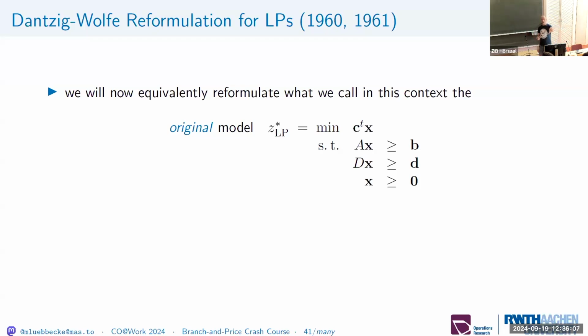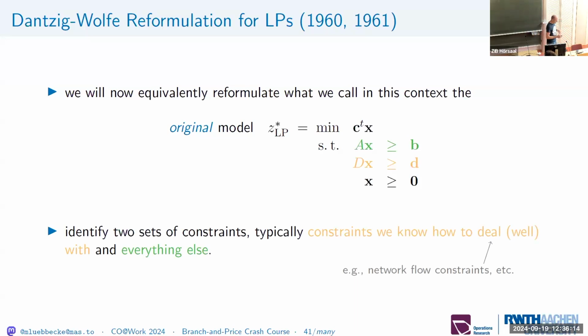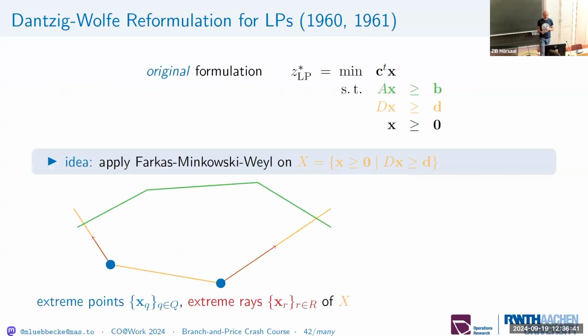And one of those we will identify and say, this is something I want to apply this Minkowski-Weil thing on, because I think this is a subset of constraints, let's say Dx ≥ d. I think I can deal well with this for whatever reason. And the others, I don't know how to deal well with them. I call them the complicated constraints. So I apply this reformulation to the polyhedron that is described by a subset of the constraints. Okay, so this is what we do.